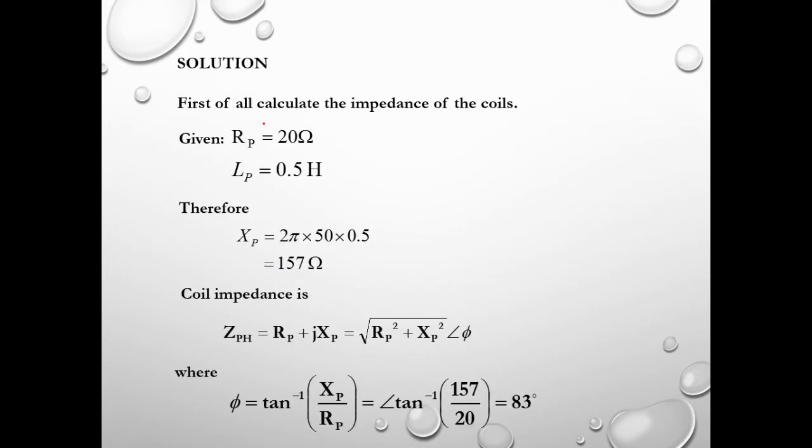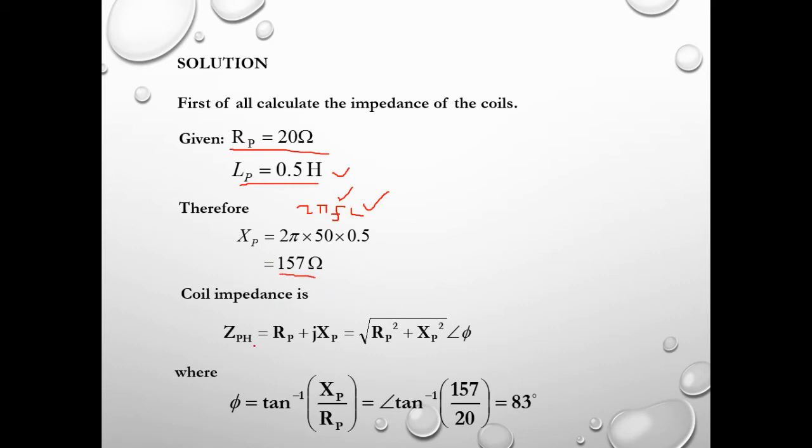First of all, calculate the impedance of the coil. Given R equal to the resistance value 20 ohm, and the inductance value 0.5 H. Therefore XL equal to 2 pi f L, where f is 50 Hz and L is 0.5 Henry. Solving this, we obtain 157 ohm.